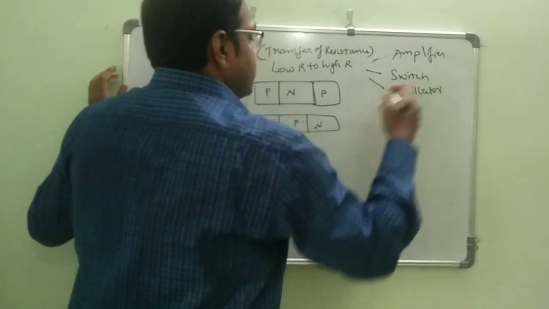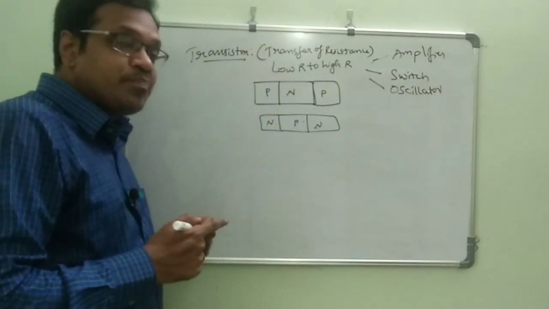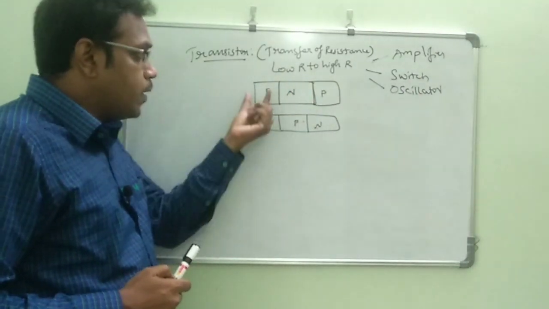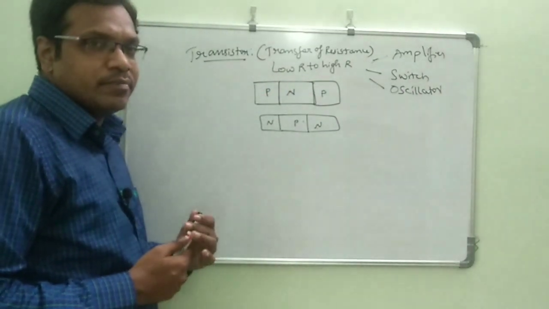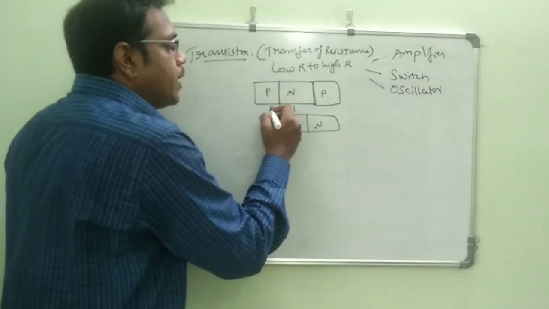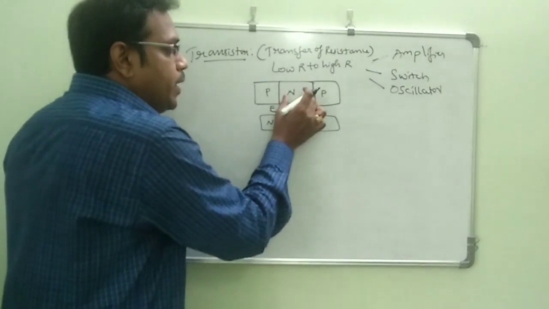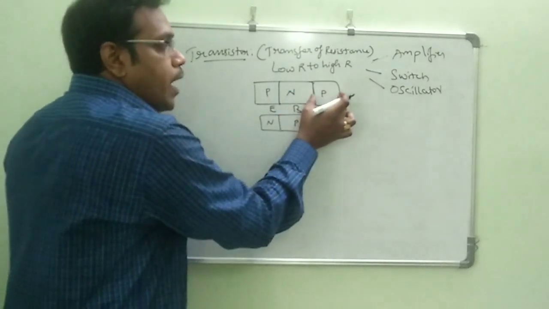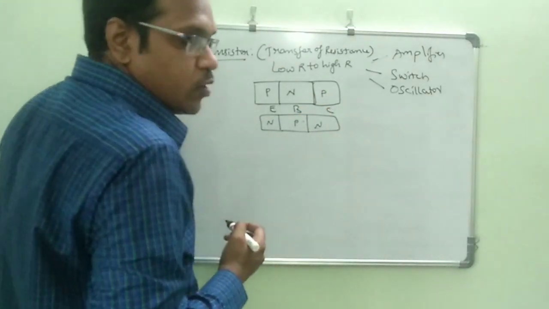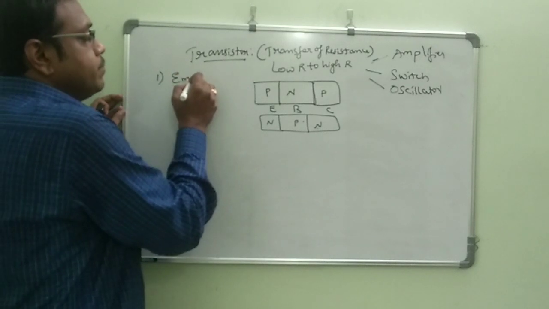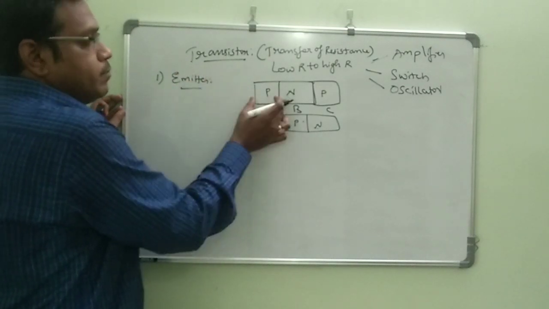In this, I told you there are two PN junctions and three terminals. The three terminals are called emitter, base, which is in the middle, and collector. The first one is the emitter, on the left side.